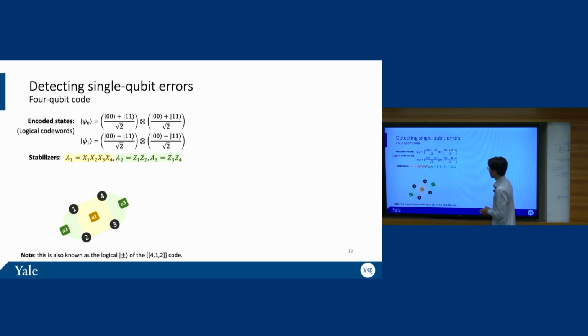We're going to enforce 3 checks acting on these 4 qubits, and they are defined by the operator A, just replacing the box of A by these Pauli operations. Again, the subscript under the Pauli operations is the index of the qubit that you act on. There's a nice geometric interpretation of these stabilizers and where they act.